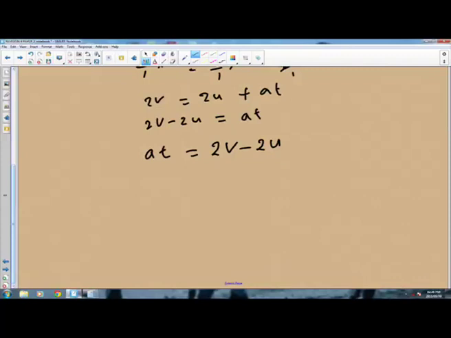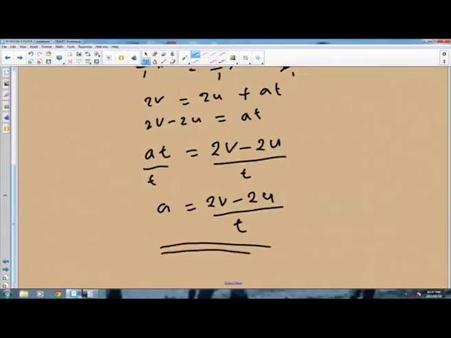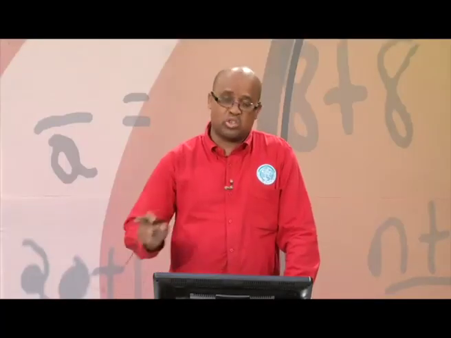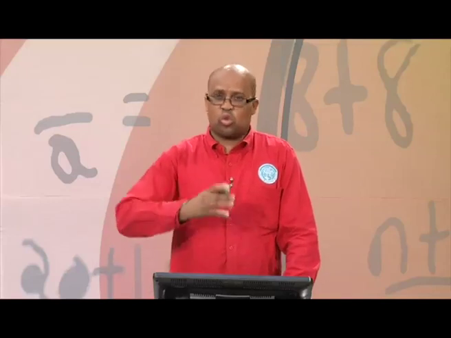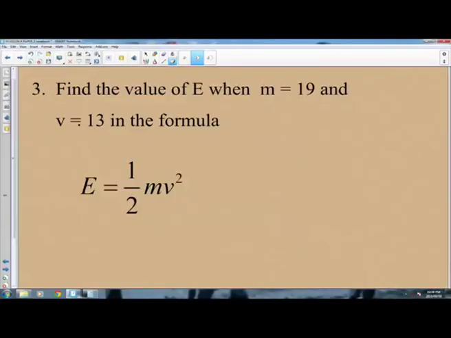At this stage, we can see that there is an A and a T, but we need only A. So we divide both sides by T. So A equals 2V minus 2U, divided by T. This is how we make A the subject of the formula. All that you need to do is make sure that the variable, in this case A, is on one side of the equal sign, and all the other variables are on the other side.